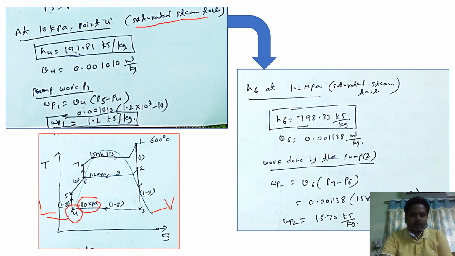Once you refer to the saturated steam table at 10 kilopascal, you will get the enthalpy h4 equals 191.81 kilojoule per kg and specific volume equals 0.001010 meter cube per kg. Now here pump 1 is process 5 to 4.